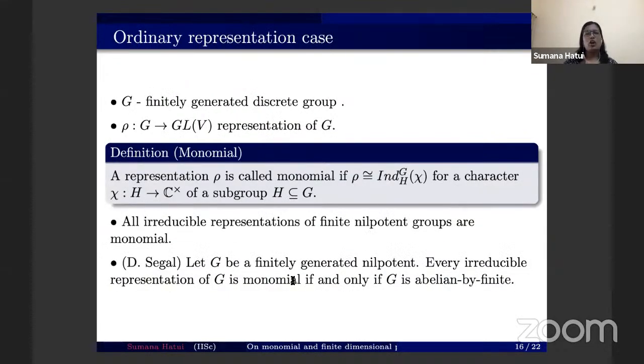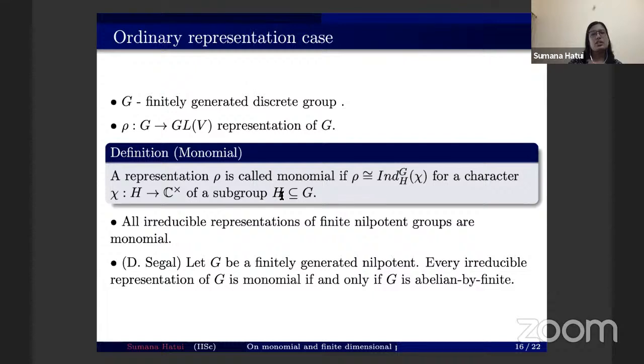In the ordinary case, I will discuss a little bit: if G is a finitely generated discrete group, that means this is not a topological group, only the group structure is there. Then rho is monomial if it is induced from a character from H to C star.